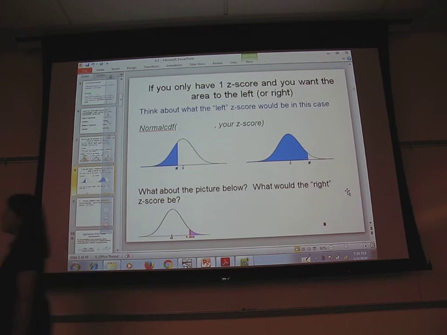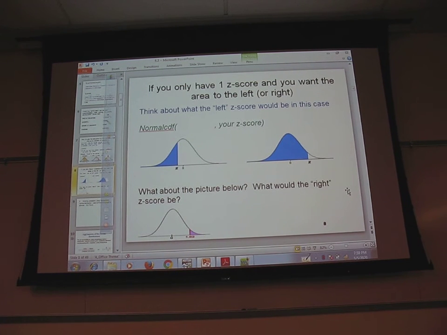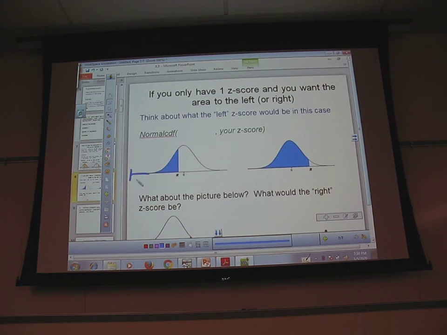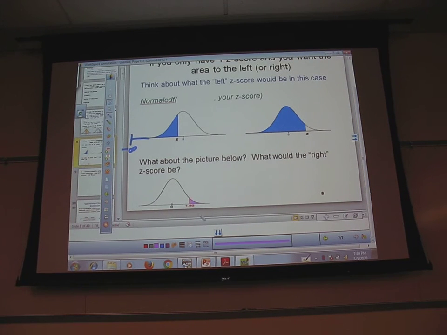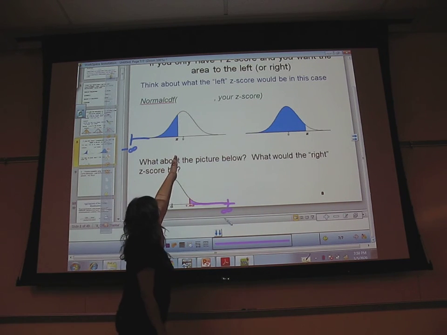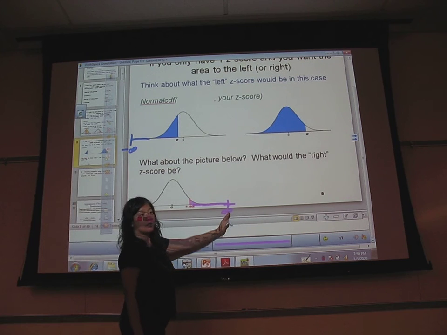Less than. So that means my other z-score is going to be way out here. What's it going to be? Negative infinity. Good. How about this one down here? Here's my z-score. Is it greater than or less than? Greater than. So the other one is going to be way out here. What's it going to be? Positive infinity. Make sense? So then you'd go from the lower one out to infinity.